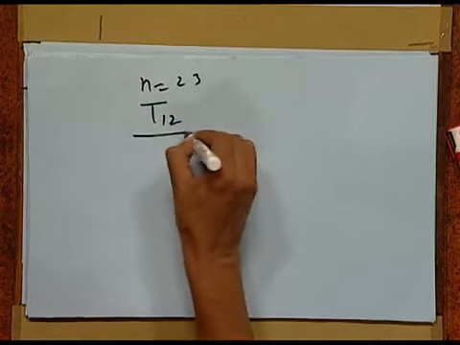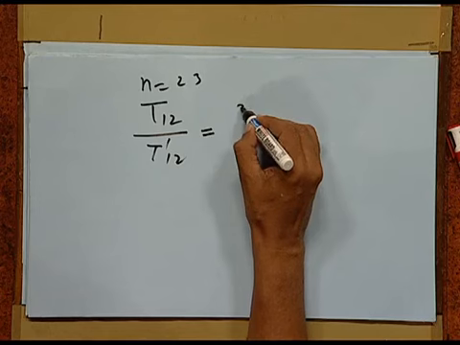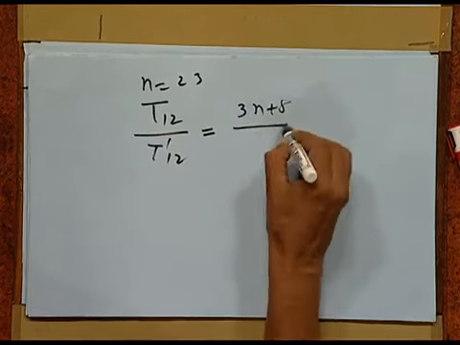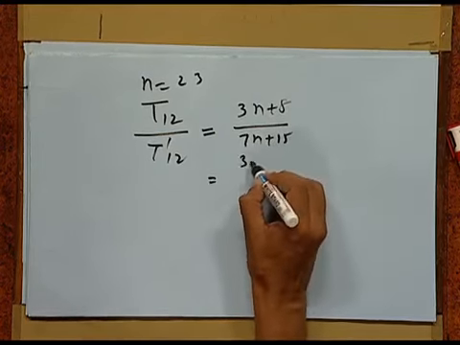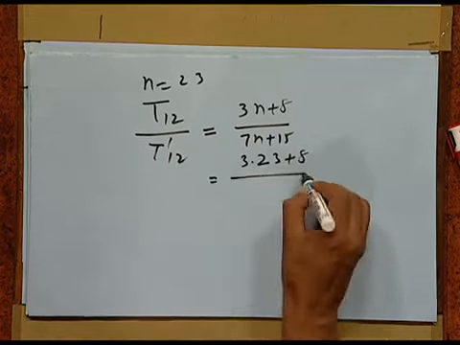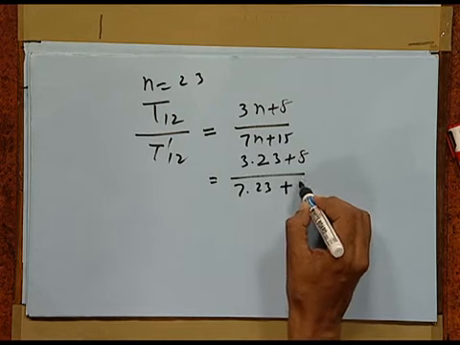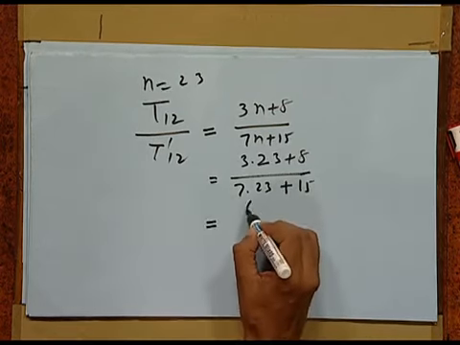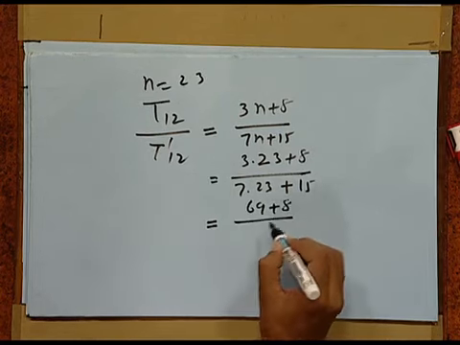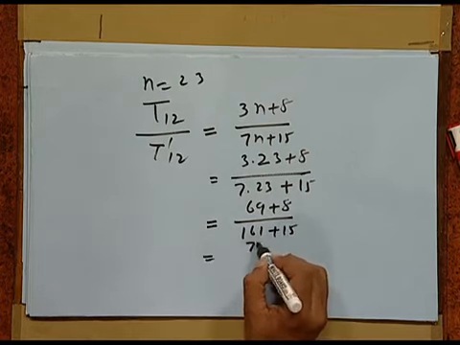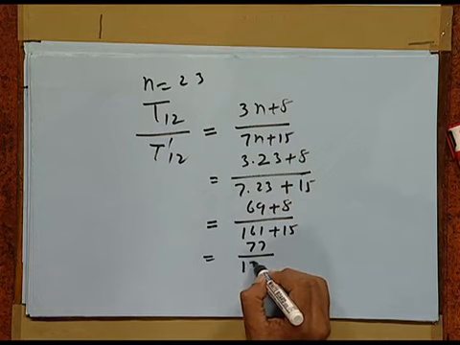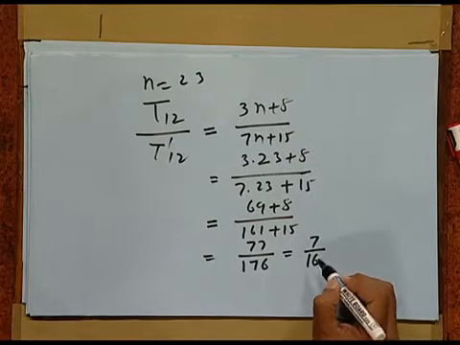When we put n equal to 23, we get T12 upon T dash 12 equal to 3n plus 8 upon 7n plus 15, but n here is 23, so you get 3 times 23 plus 8 upon 7 times 23 plus 15, which equals 69 plus 8 upon 161 plus 15, that is 77 upon 176, which is equal to 7 upon 16.